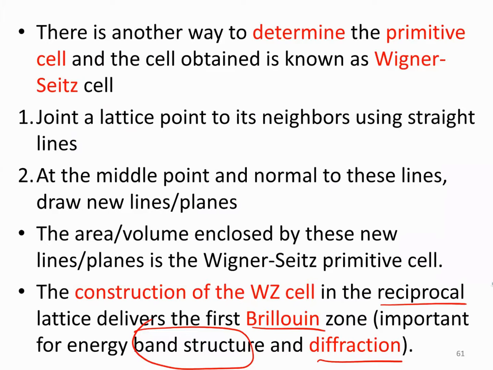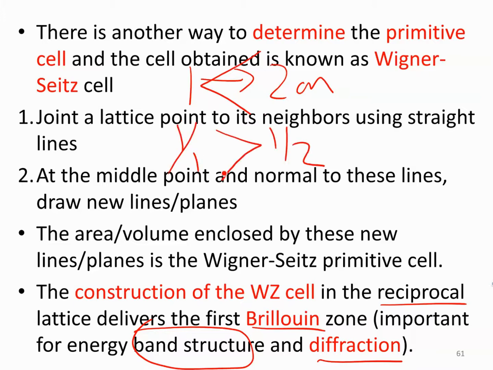So in real life, 2 cm is longer than 1 cm. But when you convert to reciprocal, 1 over 1 is larger than 1 over 2. Can you get it? In real life, 2 cm is larger than 1 cm, but in reciprocal, it becomes 1 over 1 and 1 over 2. So 1 over 1 is now larger than 1 over 2.